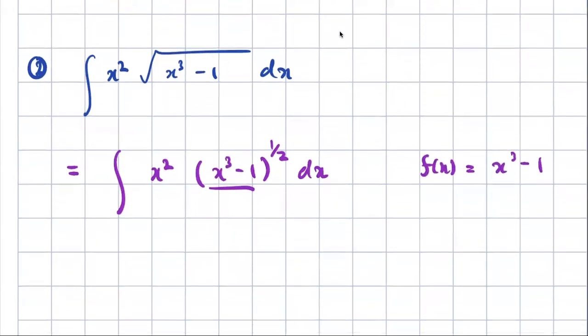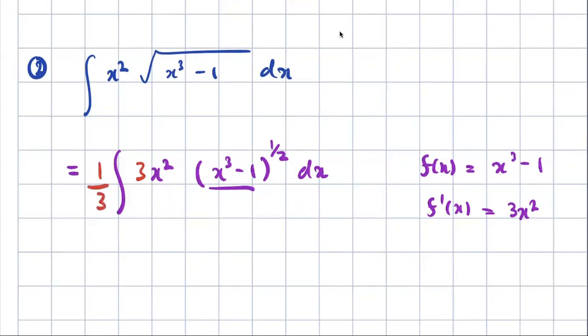Let's differentiate it. So f dash of x is equal to 3x squared when we differentiate x cubed minus 1. So what we need, and I'll put it in red, is a 3 out the front. But if we multiply purely by 3, we have to cancel it out, so we also have to divide by 3.